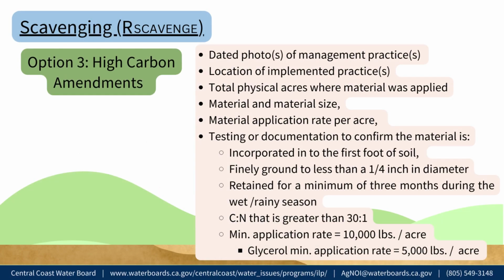Option 3. High carbon amendments. To claim a maximum credit of 30 pounds per acre per year for using high carbon amendments like almond shells or glycerol, growers should keep records of dated photos of management practices, location of implemented practices, total physical acres where material was applied, material and material size, material application rate per acre, and testing or documentation to confirm the material is incorporated into the first foot of soil, finely ground to less than 1/4 inch in diameter, retained for a minimum of 3 months during the wet and rainy season, has a carbon to nitrogen ratio that is greater than 30:1, and has a minimum application rate of 10,000 pounds per acre.